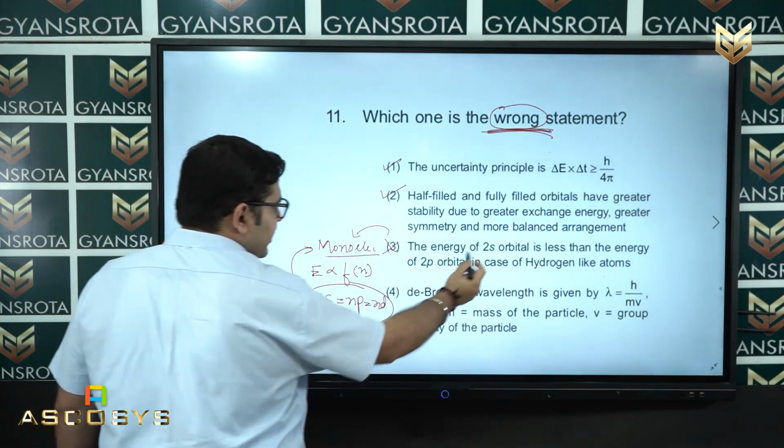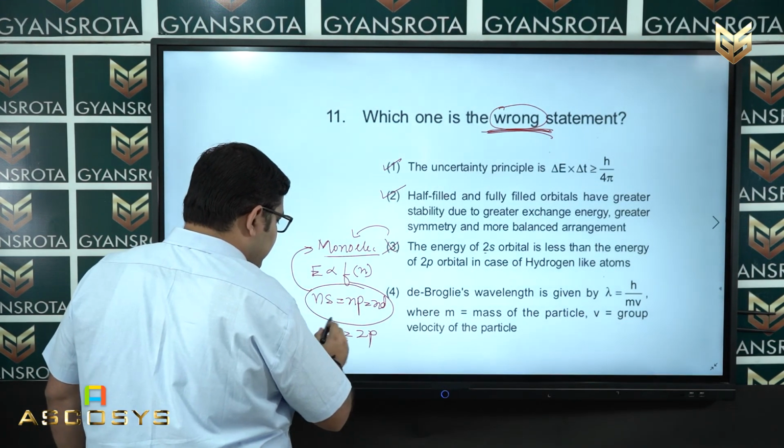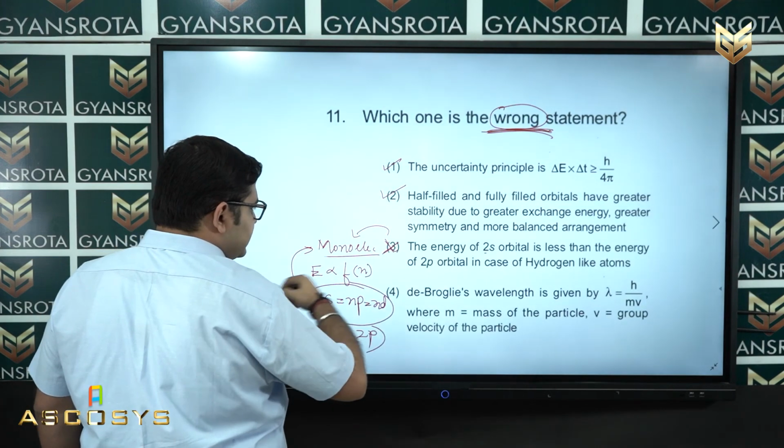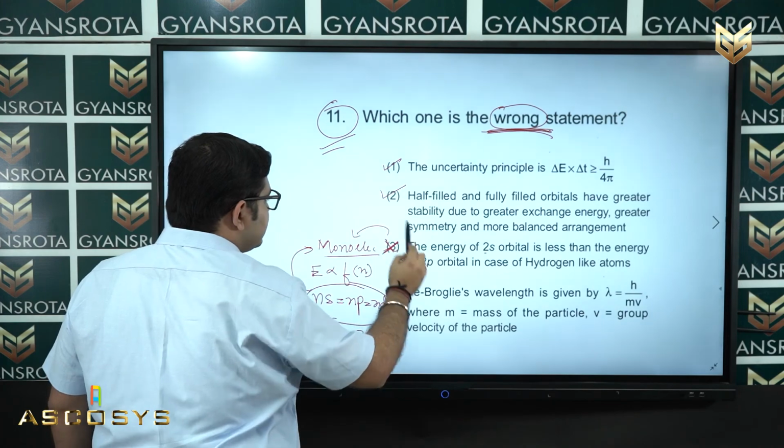So, always remember here 2s is equal to 2p. So, option number 3 is the correct answer of question number 11, which is the wrong statement.